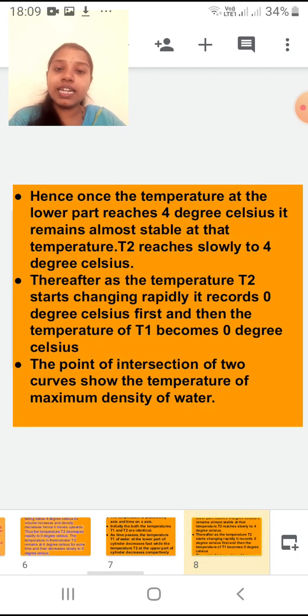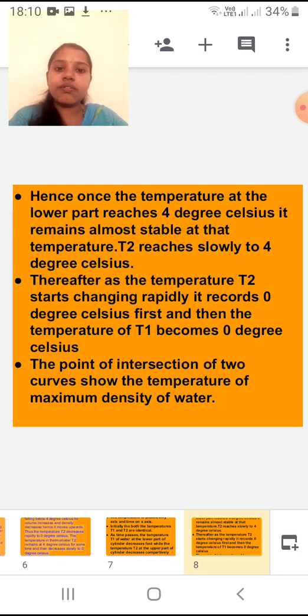Okay. Now, once the temperature at the lower part reaches 4 degrees Celsius, it remains stable. I told you T1 temperature will be 4 degrees Celsius, it will remain stable, and T2 will reach slowly to 4 degrees Celsius afterwards. Okay. Thereafter, on reaching 4 degrees Celsius, T2 temperature will change rapidly to 0 degrees Celsius first, and then the temperature of T1 will also become 0 degrees Celsius.